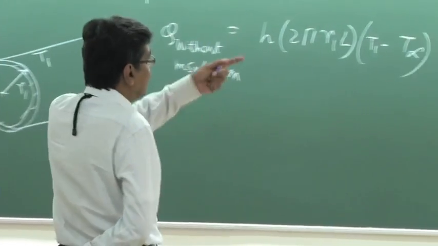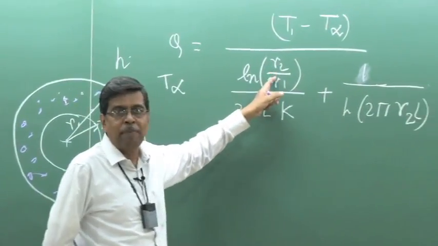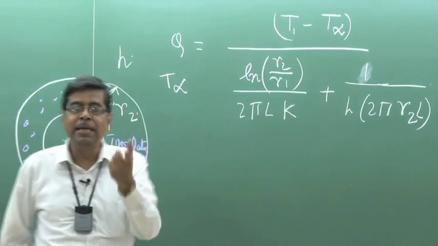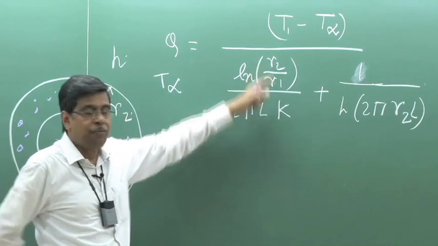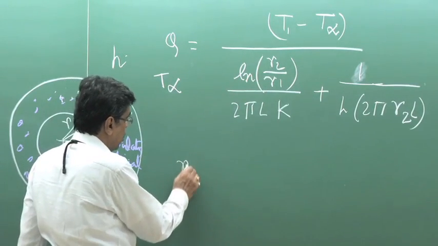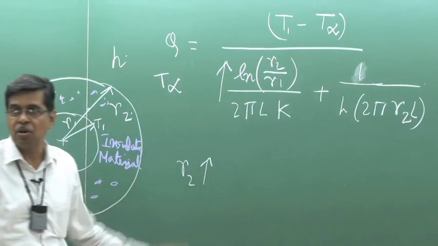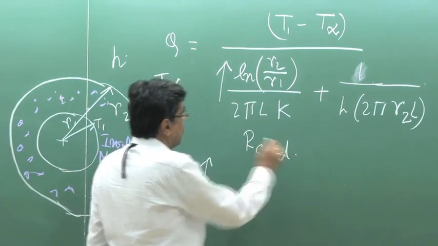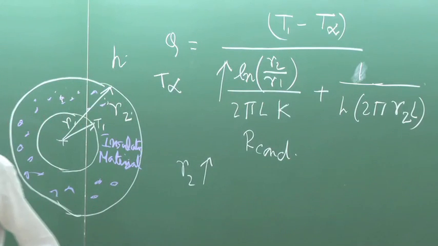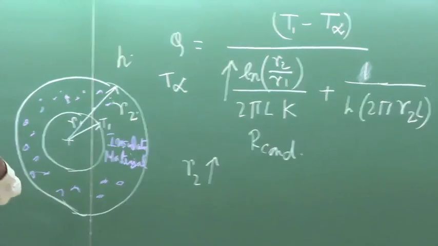Now if you write the mathematical expression, a student keen on mathematics can immediately tell that if we increase R2, then this increases this term, that is the conduction resistance. Obvious physically, because you are increasing the path of heat conduction.